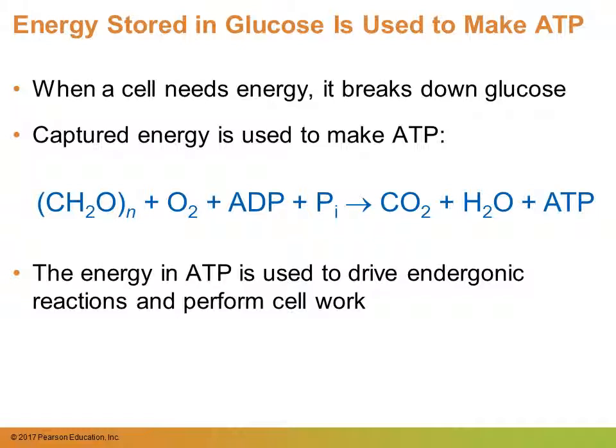So there's a whole chapter on cellular respiration, and cellular respiration is taking a sugar in the presence of oxygen and breaking it down from a 6-carbon molecule all the way down to CO2, which is a 1-carbon molecule, to actually convert energy to ATP. The energy in ATP is used to drive reactions, and those reactions are endergonic reactions, meaning that they require energy.